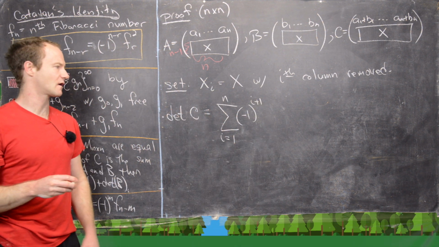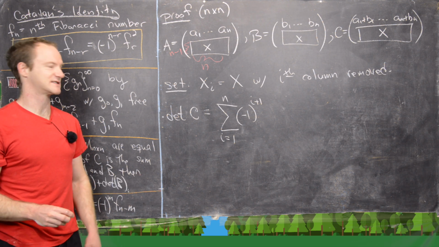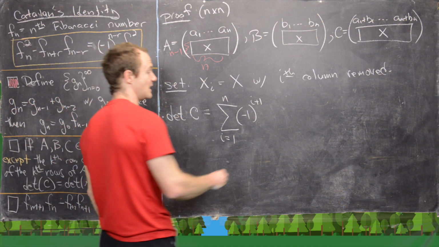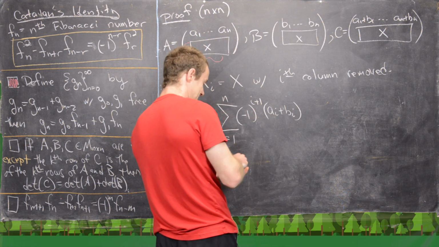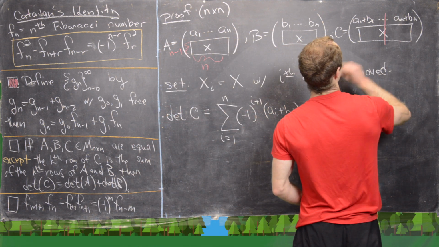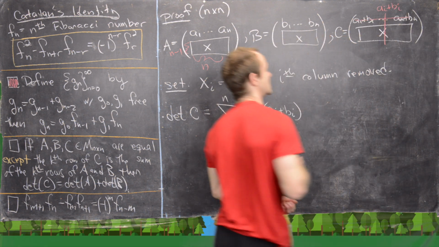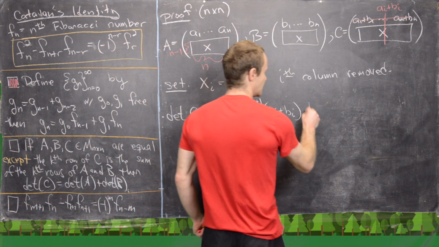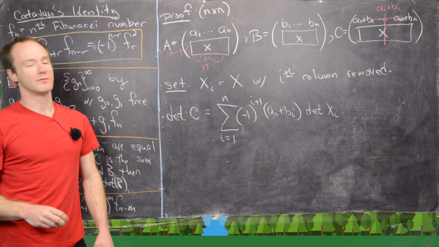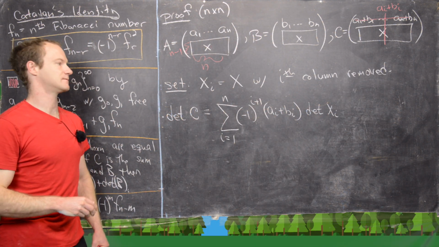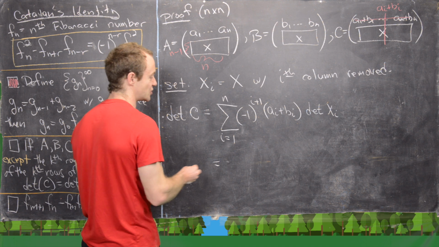So I'll let you guys look up some linear algebra facts if you need to recall this kind of stuff. There are a bunch of good playlists about linear algebra on YouTube. And then we have ai plus bi. So again, like I said, that's expanding about this first row in this ith column, and we get this ai plus bi entry here times the determinant of xi, because that's what's left when we remove that from that matrix X. Okay, but the next thing that we can do is separate this out into two sums.